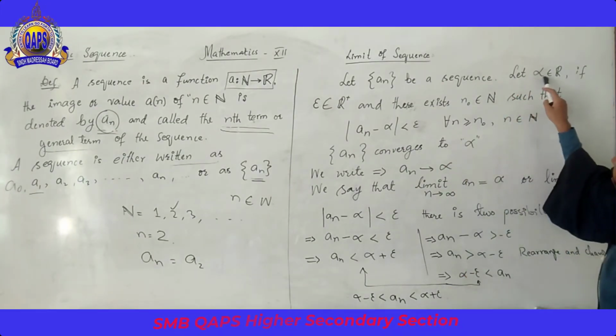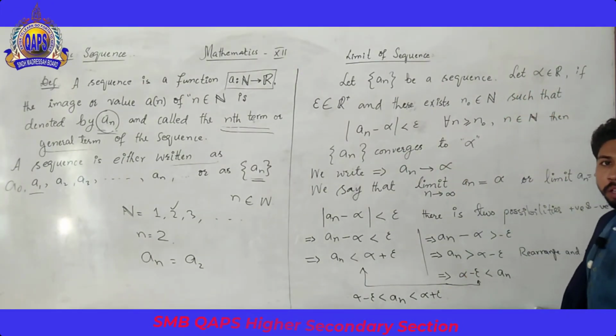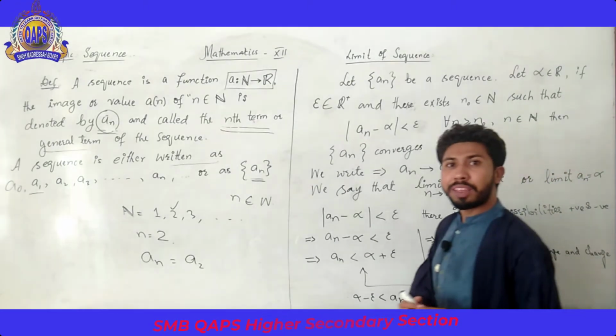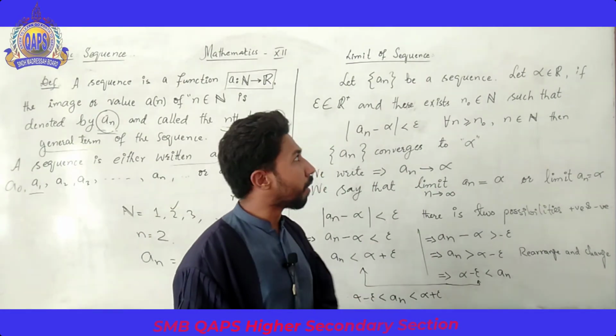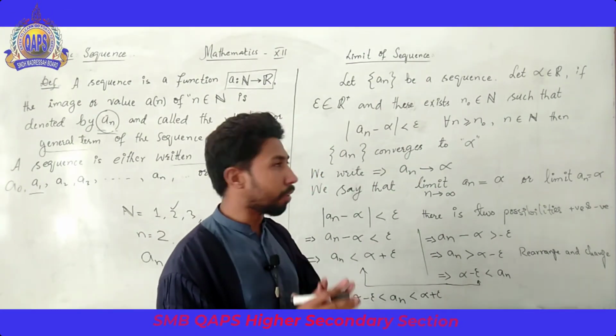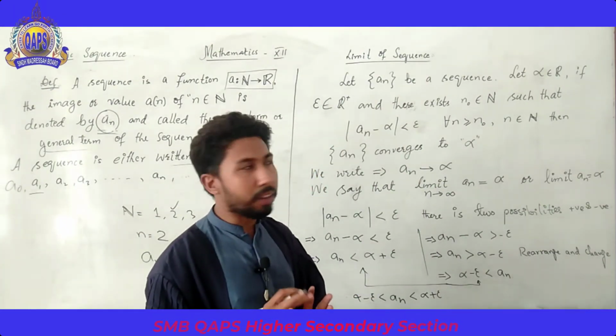Let alpha belong to the real numbers. Here alpha represents the limit point or approximate value which belongs to the real numbers, either positive or negative.